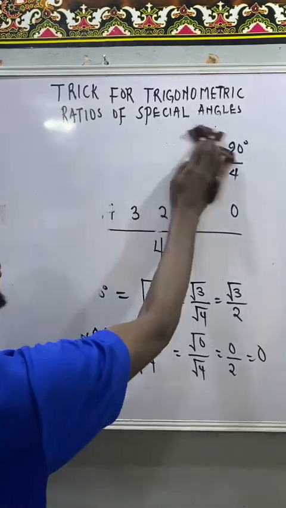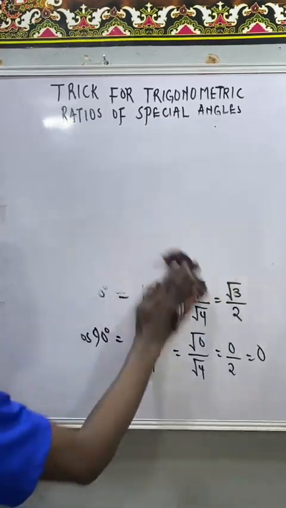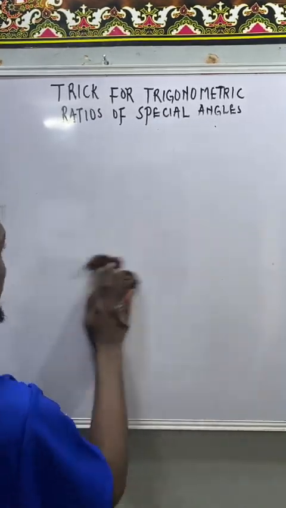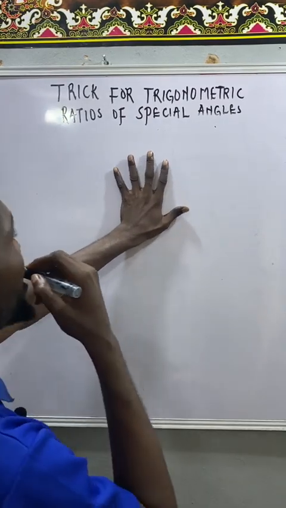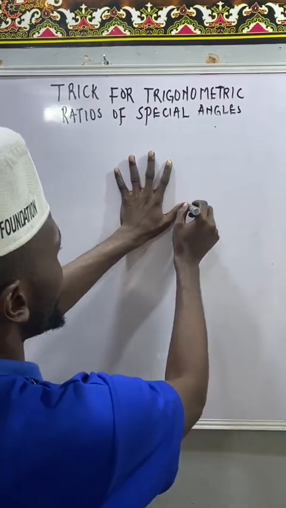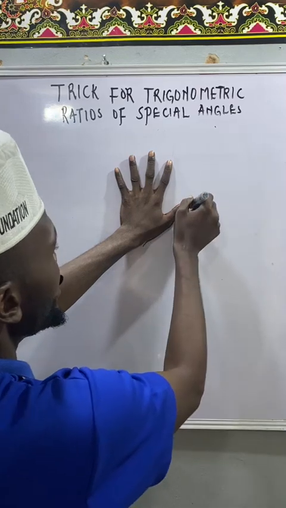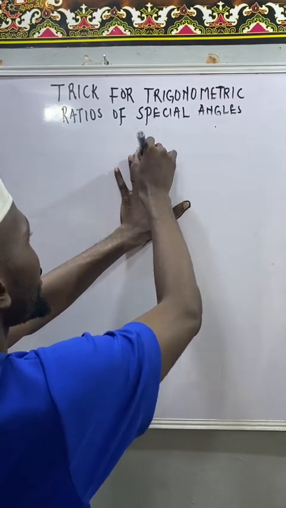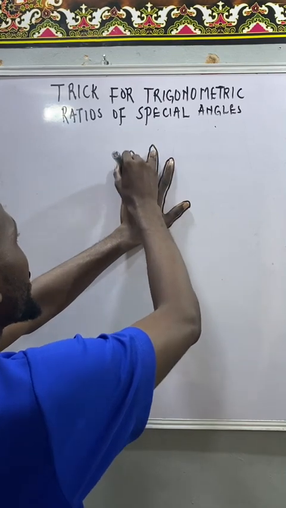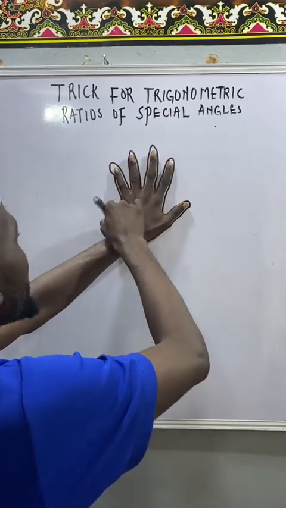Let's go for the third trick, which requires the use of your fingers. I can draw my hand like this. Make sure it is neat and going straight.